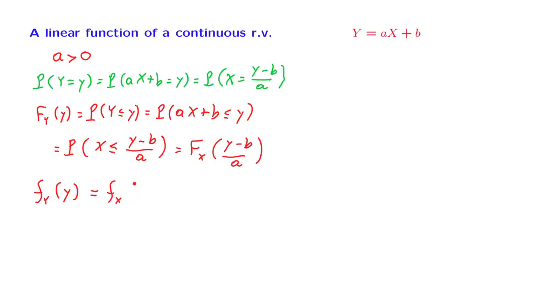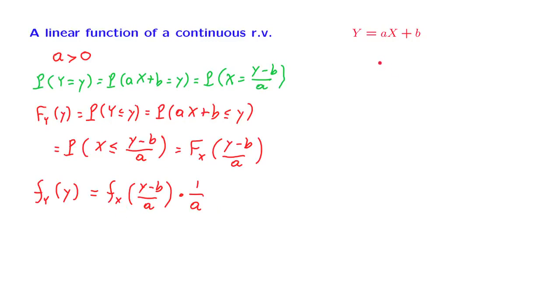So the PDF of x evaluated at this particular number. But then we also need to take the derivative of the argument inside with respect to y. And that derivative is equal to 1 over a. And this gives us a formula for the PDF of y in terms of the PDF of x.